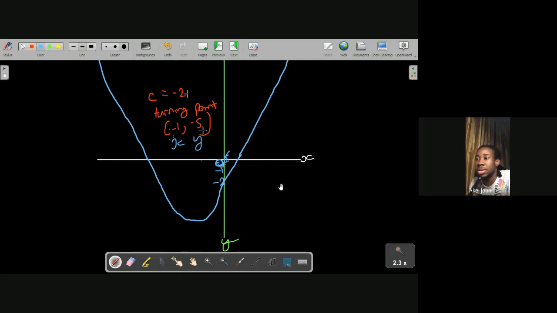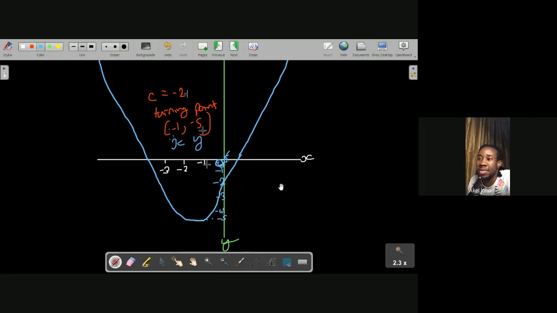I'm going to put this here in white. So this will be -1 on the x. Continuing down on the y-axis, -2, -3, -4, and this point here could be -5.